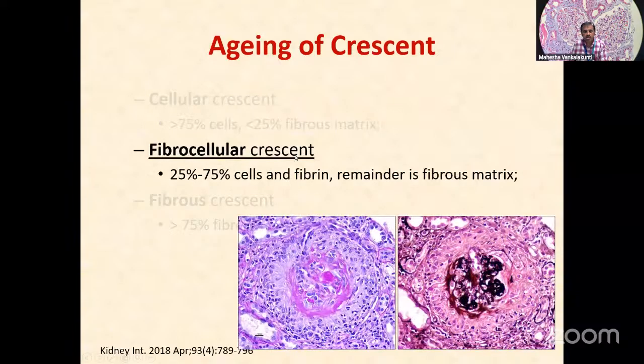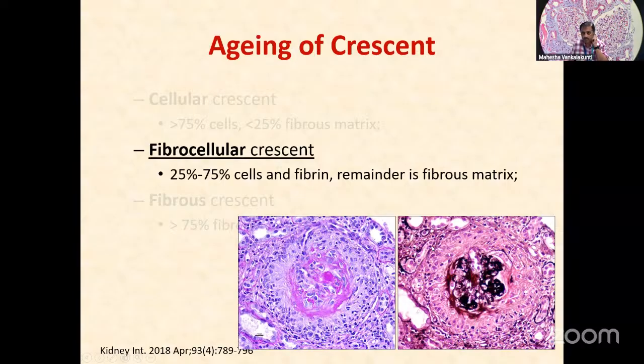whereas the fibrocellular crescent is an admixture of cells as well as a good amount of supporting tissue or the matrix material, as you see here. And on the silver stain, you can delineate the cells as well as the fibrous material.